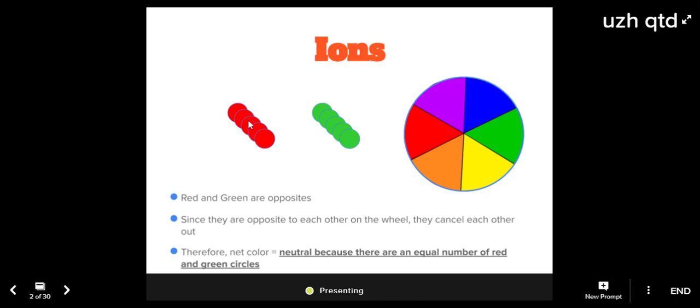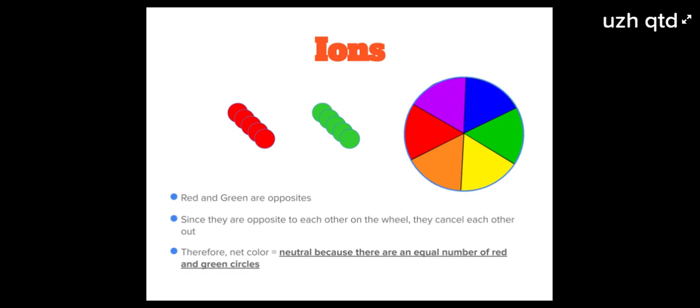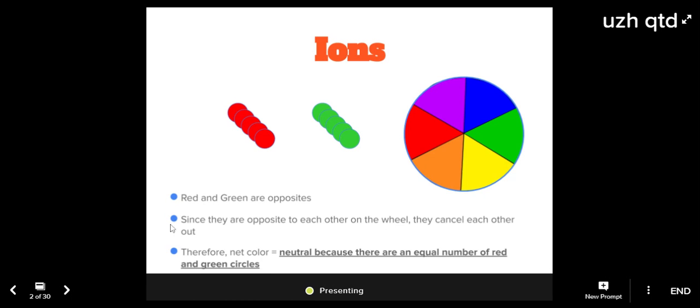I have 1, 2, 3, 4, 5 red circles and 1, 2, 3, 4, 5 green circles. So they're perfectly neutral because I have the same amount of each color. What happens, do you think, if one color had more or less than the other? That's what we're going to discuss now.